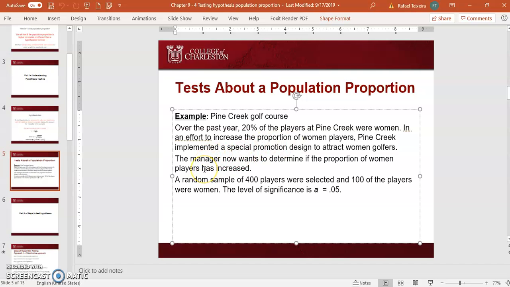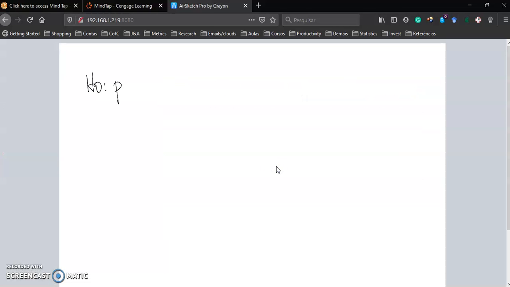And in this one it's better to start with the alternative. The manager wants to test if the proportion has increased. So the alternative is that the proportion has increased, more than what? If this one is increased, the null is decreased or equal, smaller than or equal.